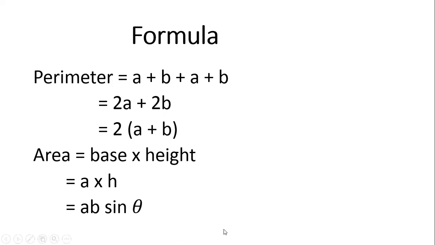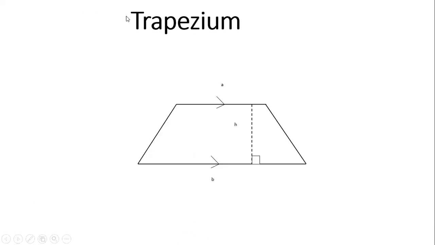The next shape we are considering is our trapezium. It has just one pair of parallel lines and then the perpendicular height. So you have side A, side B, and the perpendicular line. This is another side, which can be determined if we know the height. If the angle here is given, we can use our trig ratio to determine this side.